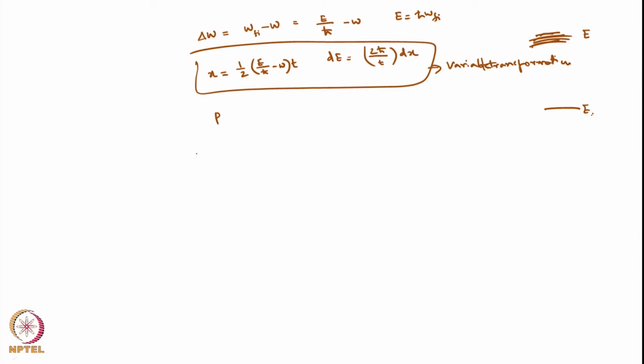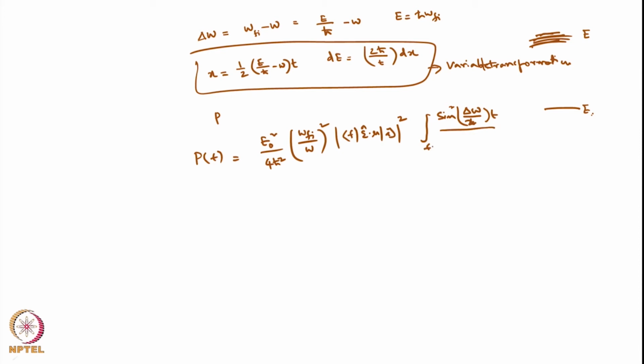So, what we had is P(t) equal to E_0 squared by 4 h bar squared, omega_fi by omega whole squared, modulus of f epsilon dot mu_i whole squared, integral of sine squared of (delta omega by 2)t, by ((delta omega by 2) t) whole squared, rho_f(E) dE.